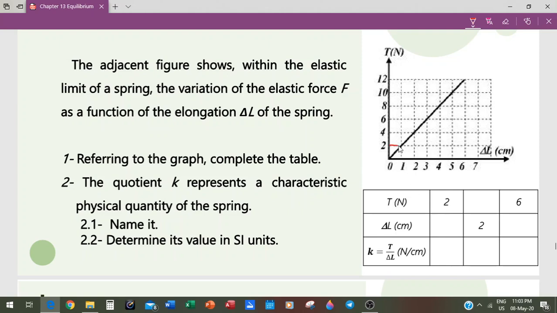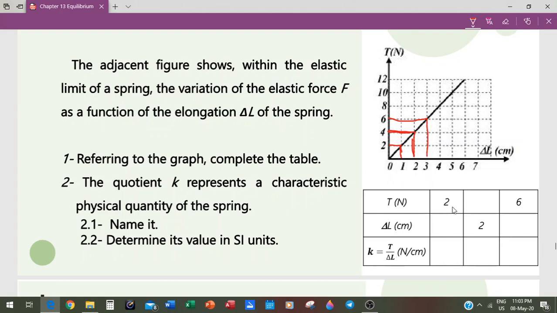You take this vertical line here and make its orthogonal projection on the horizontal axis, and you get 1. When the elongation is 2, you take this line and make its orthogonal projection on the vertical axis, and it is 4. And when the tension is 6, you get 3.